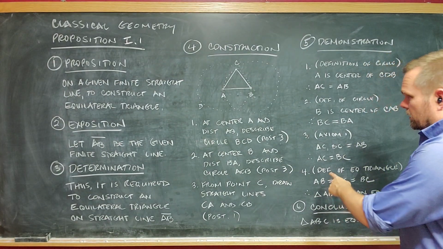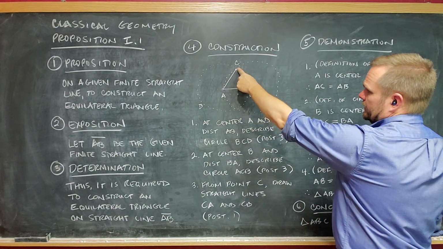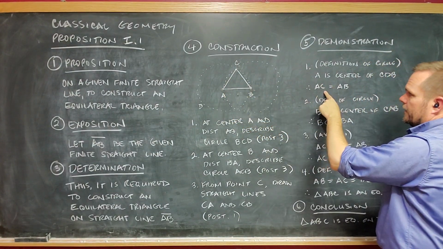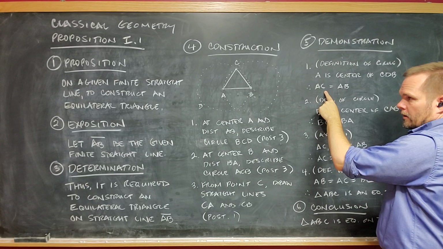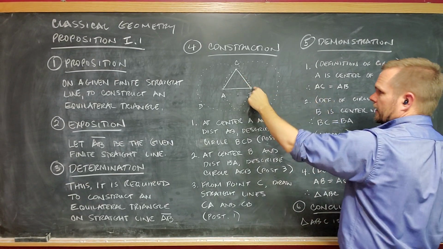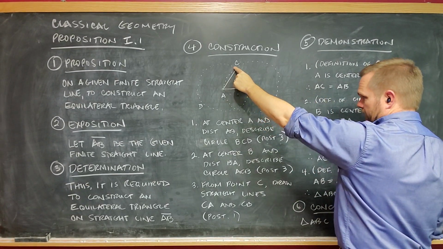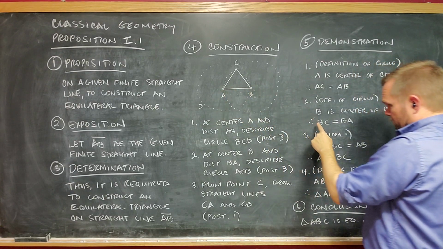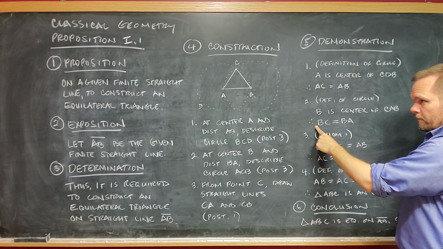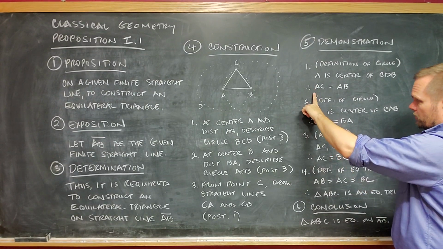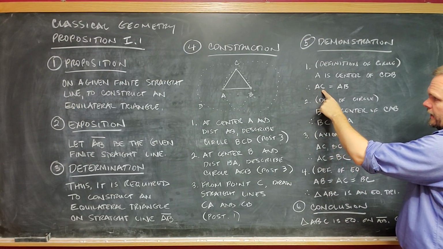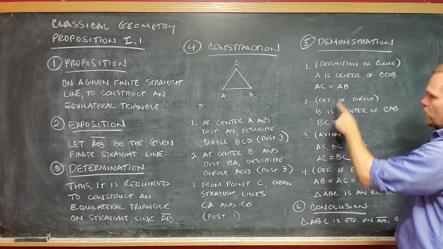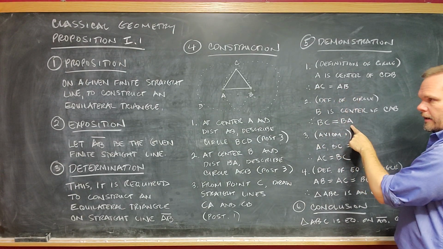Well, line AC is equal to line AB. We proved that in step 1. We also proved that line BC is equal to line BA. We proved that in step 2. Since those are both true, line AC and line BC are both equal to line AB.